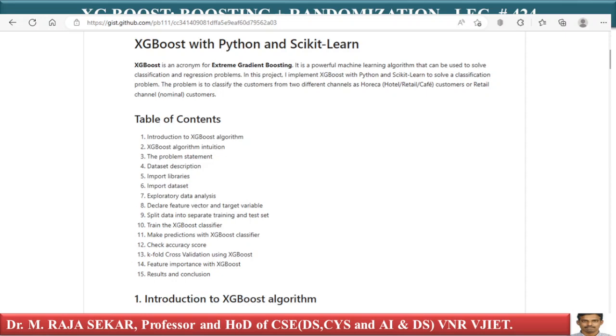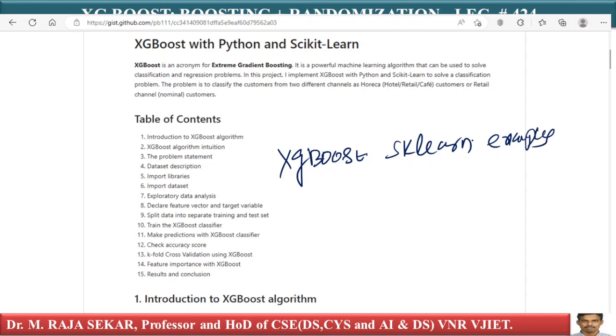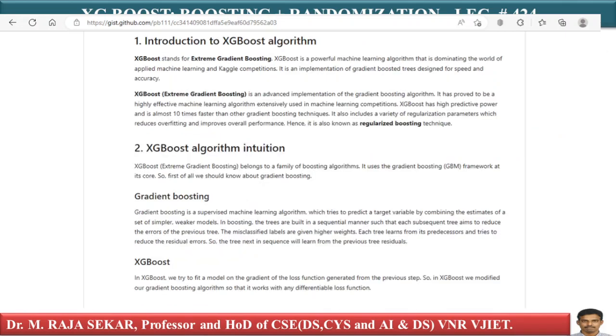If you Google search for XGBoost sklearn examples, you can see different documentation and different types of code related to XGBoost. Just go through all these things.